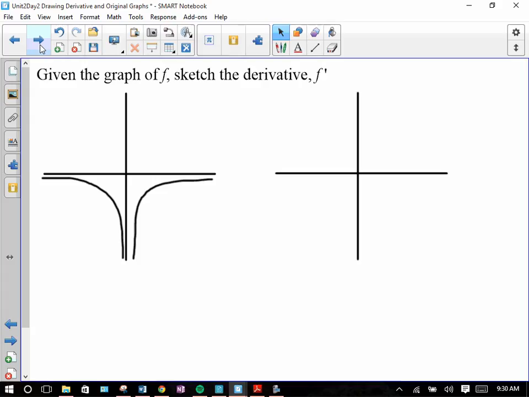All right. Now, next thing we do, looking from left to right, does this function decrease anywhere? So it starts decreasing. So where is it decreasing?